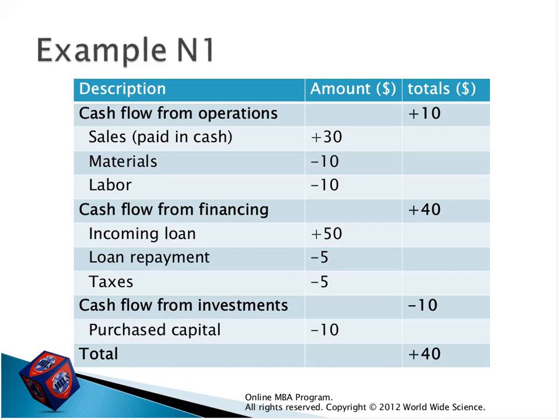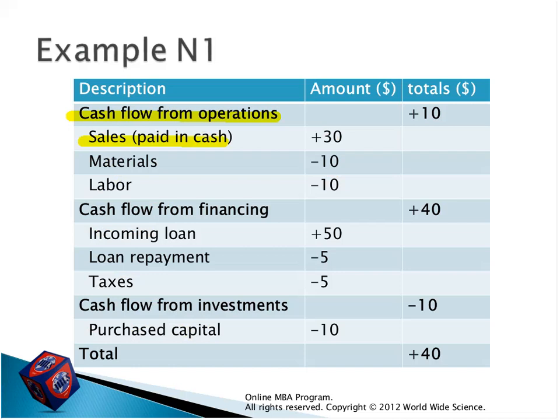The operation cash flow here is, as I told you, the cash which comes from the sales, from the main activities of the company, all made in cash payments or expenditures.